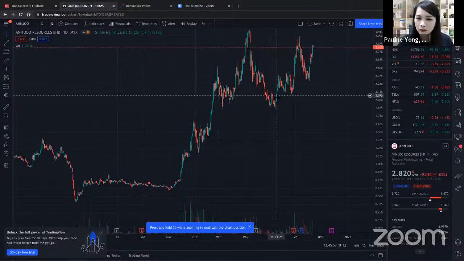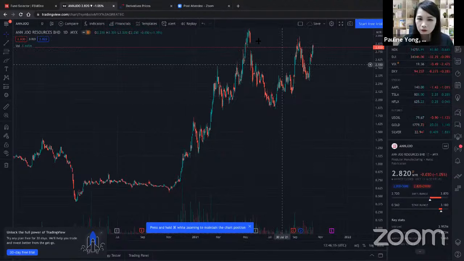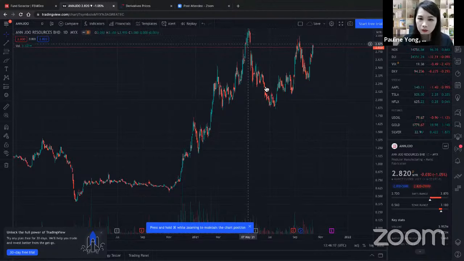Then 1, 2, 3, and actually here you are looking at a horizontal trend. So this horizontal trend can be more like you are still in a corrective wave here. So A, B, C.